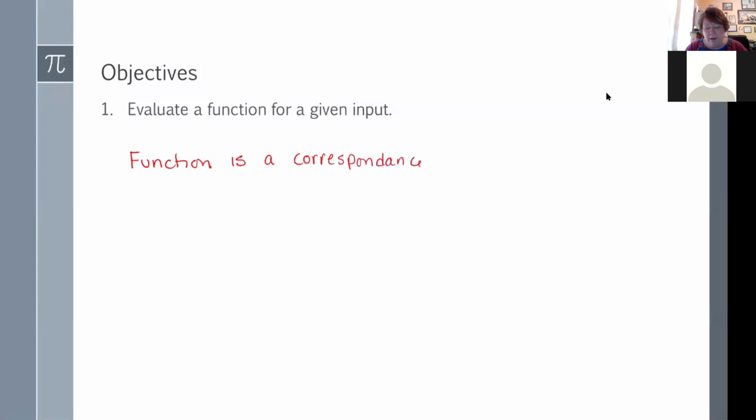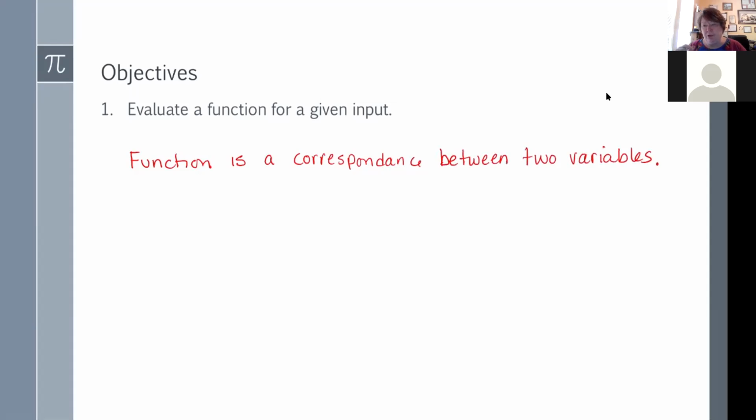And it's a correspondence between two things. We'll call them variables, since we're in algebra, and when we don't know what things are, we use variables to represent those.